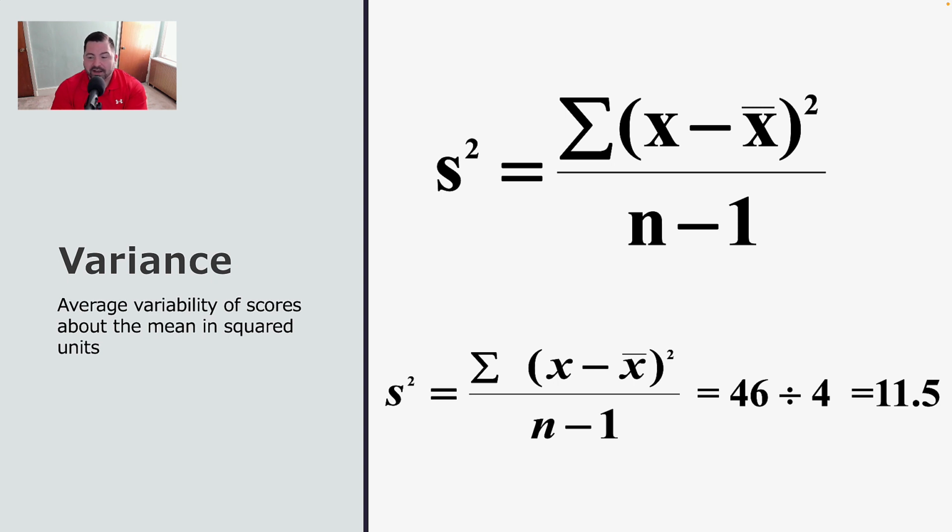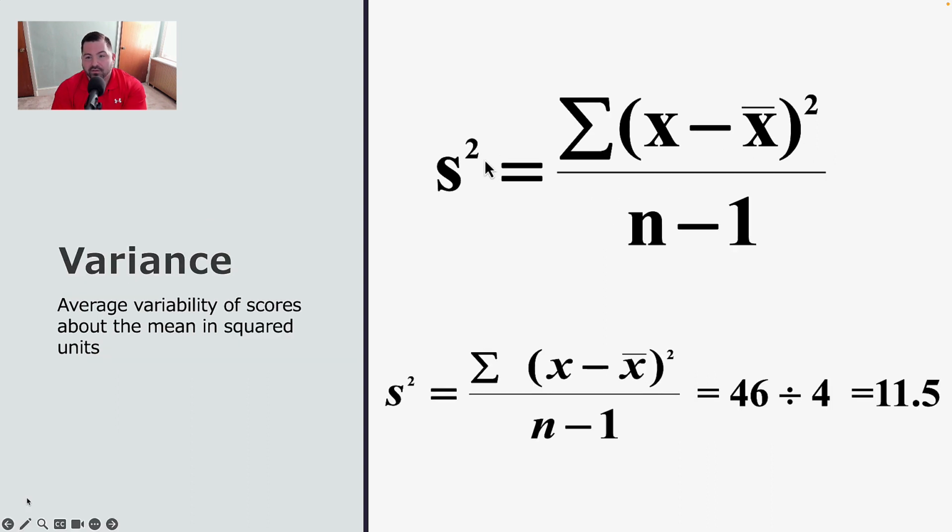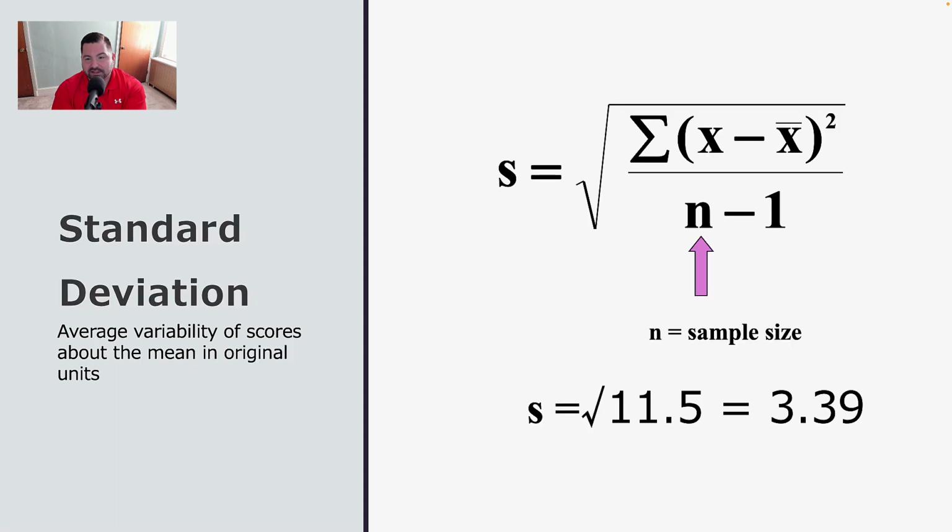If we wanted to get it into original units, we would then need to do what's called standard deviation, which represents the average variabilities of score about the mean in original units. If you look at the formula for S, notice how there's no square here. It is literally the formula for variance, just taking the square root.